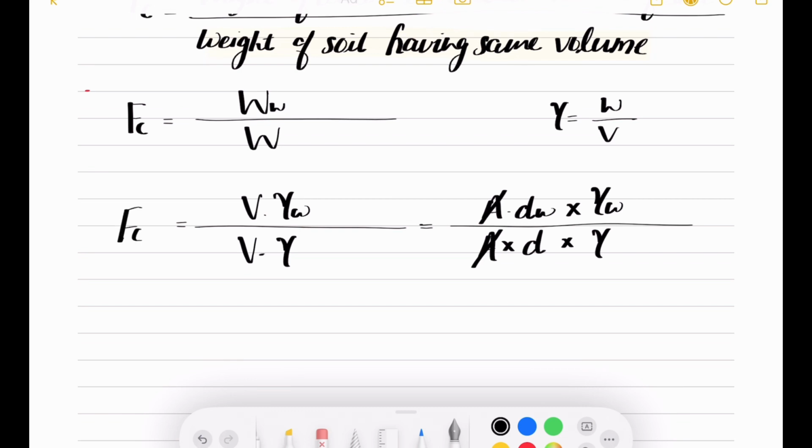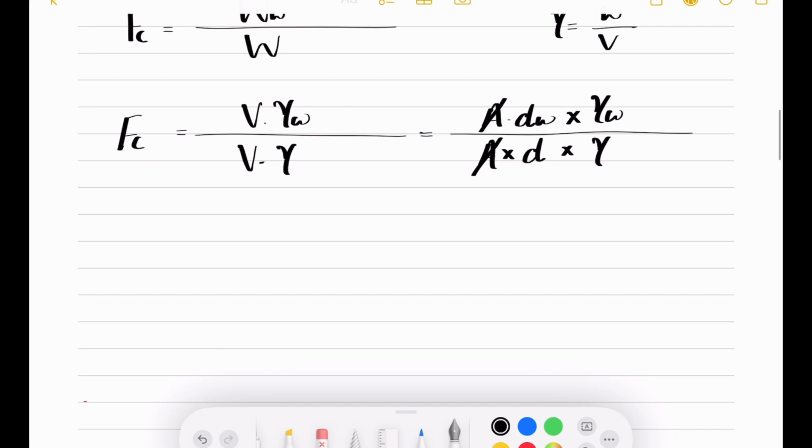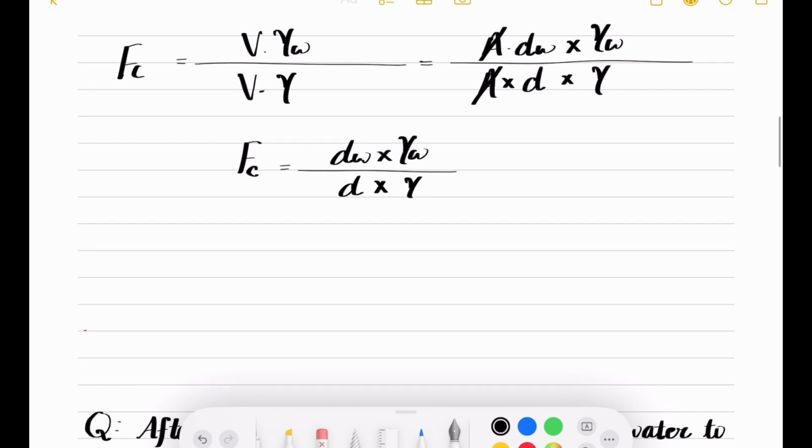So the field capacity is now equal to depth of water into unit weight of water divided by depth of root zone into gamma, right? So what is the depth of water that is stored in the root zone?